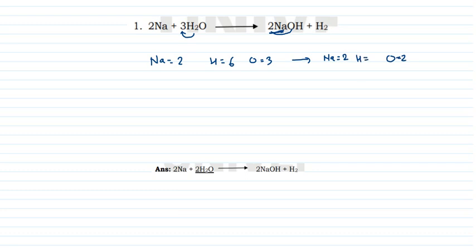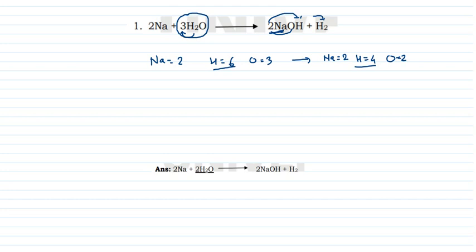What about hydrogen? This is 2 hydrogen, and again there is another 2 hydrogen. So hydrogen is 4. So here you have hydrogen 6, here you have hydrogen 4. So there is something wrong in this case. Okay, you have to change this.